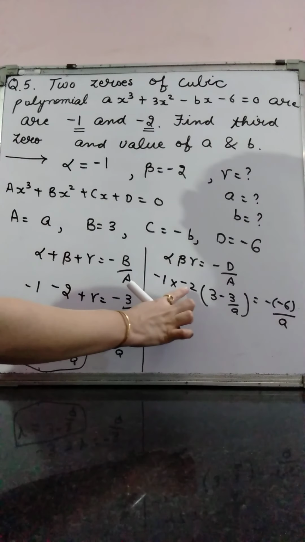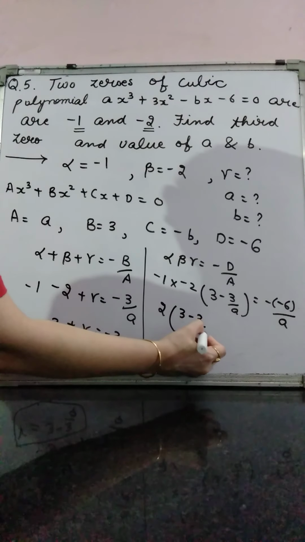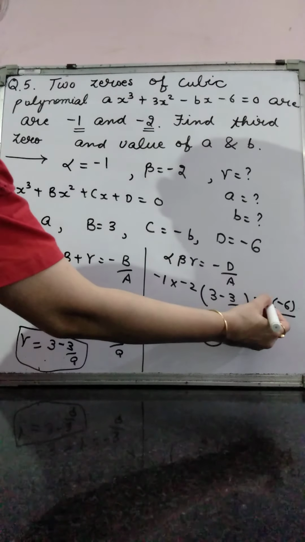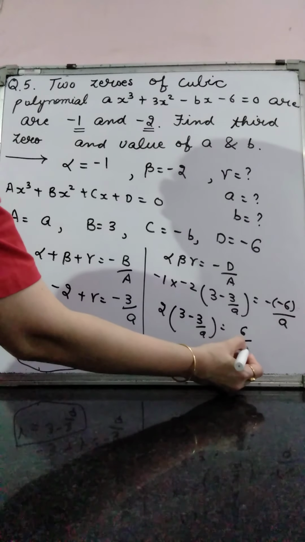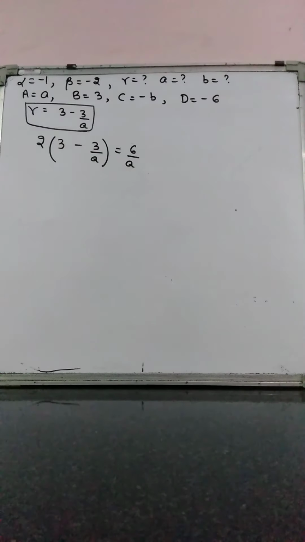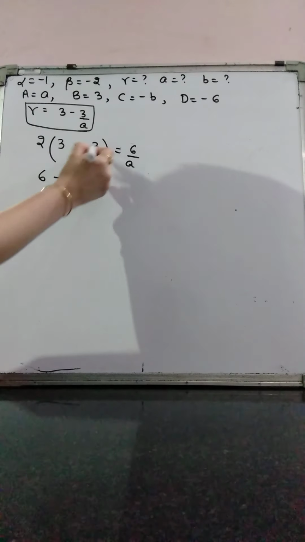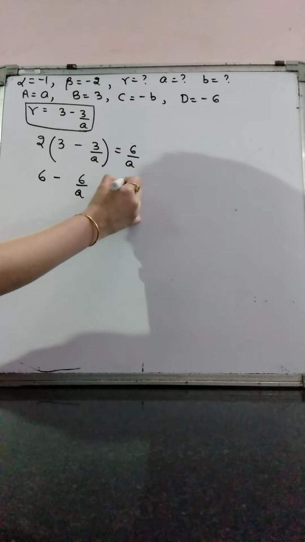Multiply minus 1 into minus 2, that is 2. 2 times 3 minus 3 by a is equal to minus minus, plus 6 by a. Now multiply them. 2 into 3, 6, and 2 into 3 by a, 6 by a.